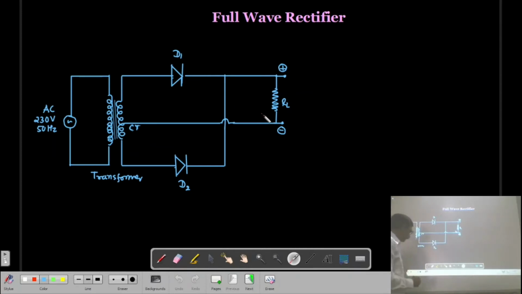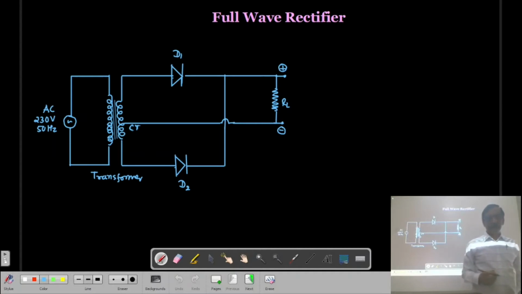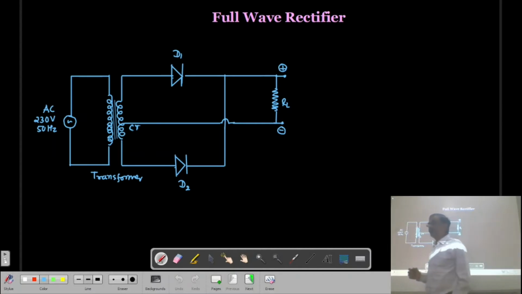Now if you see the secondary of the transformer, we have two different coils connected together. This is known as a center tap transformer. A center tap transformer means the coil is wound in such a way that whatever the number of turns in the upper part, the same number of turns are in the lower part.